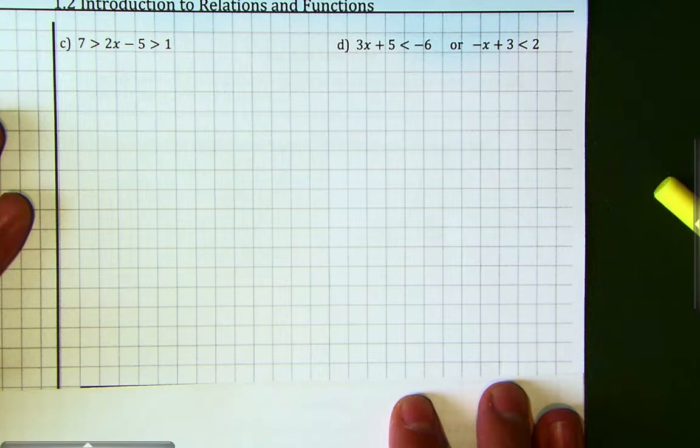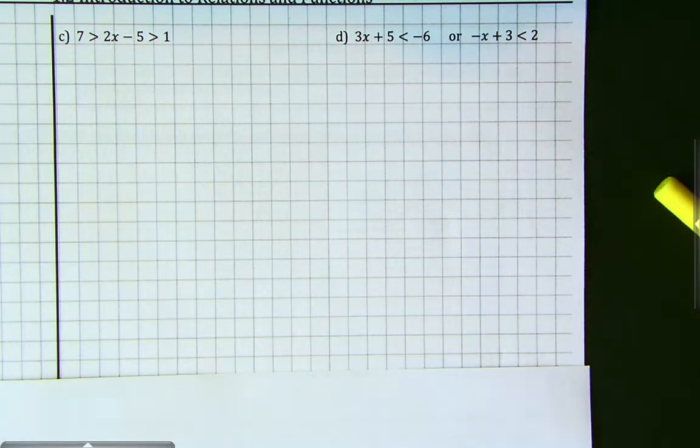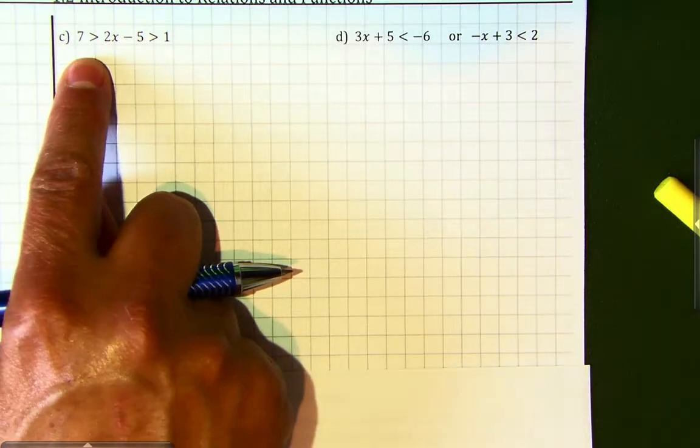Example C and D. Go and copy it down, and we'll start once you're ready. So this is what we call a compound inequality.